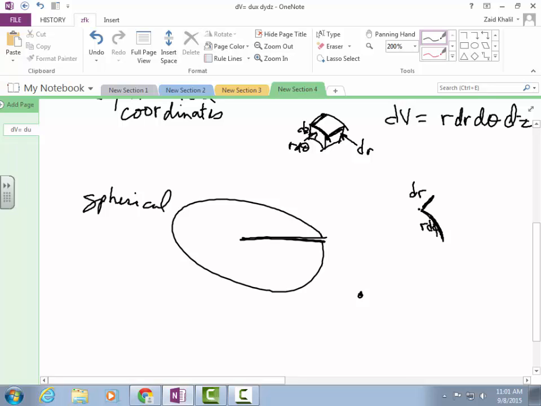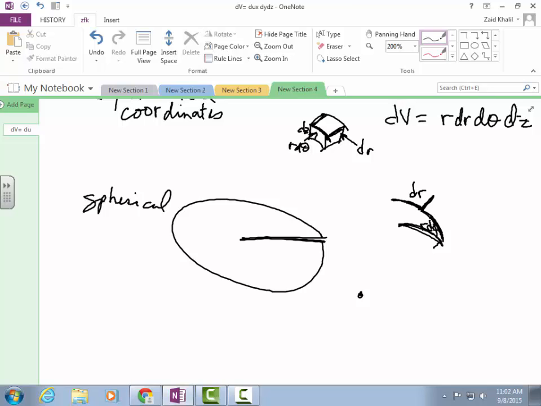Now, how's d theta going to go? D theta is going to be like this. This is extremely difficult to draw. That's coming out of the board. If you take a look at this, that is your d phi.